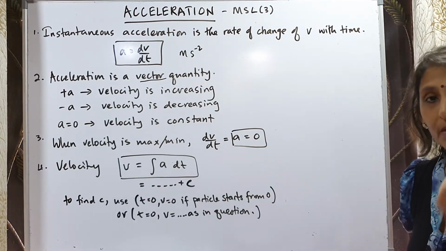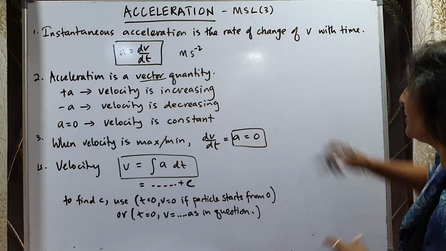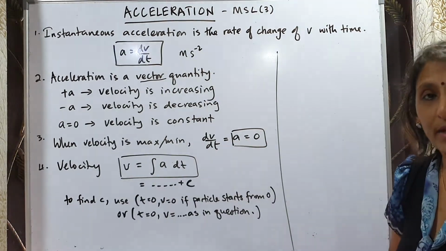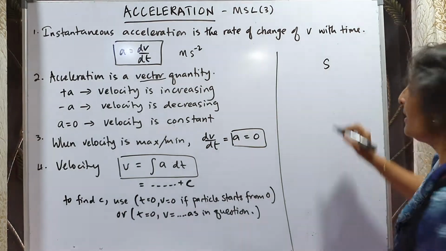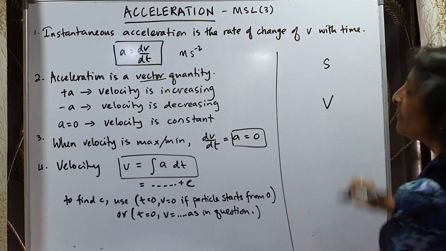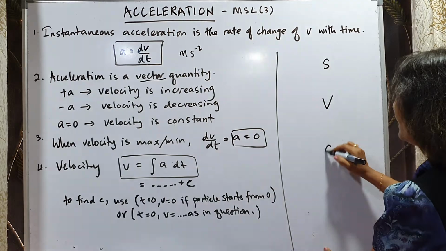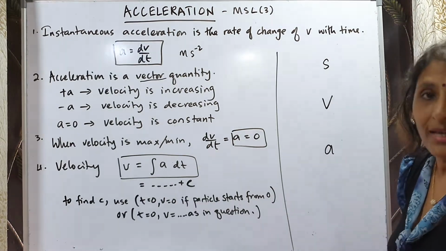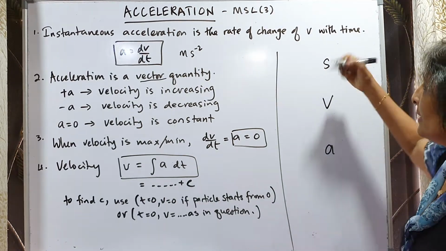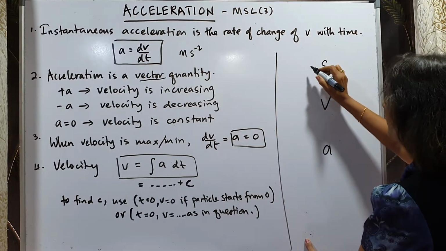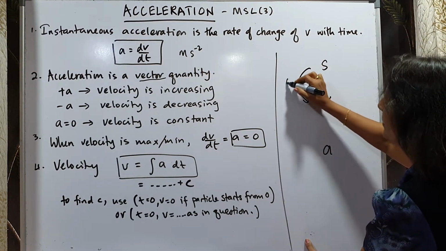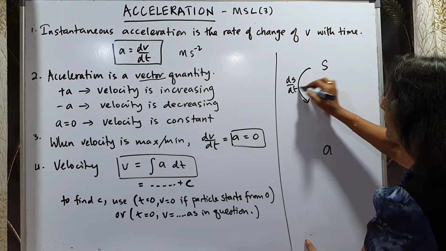We have learned about displacement. Okay, let me just give you a quick conclusion. We have learned about S, displacement, then we have learned about V, velocity, and then finally today we learn about acceleration, and they are all linked together, they are all interconnected, because from S you want to get V, you just differentiate, you can get it.